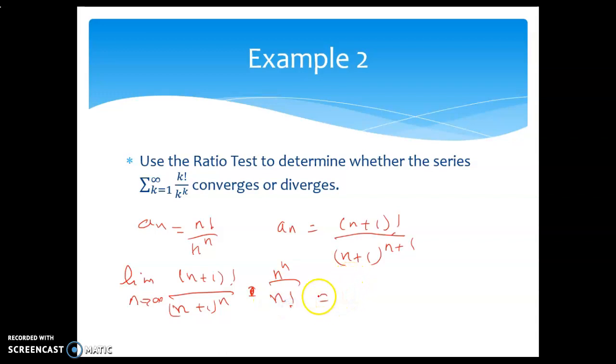So when we do the math here, we should get the limit as n goes to infinity of n plus 1 times n factorial times n raised to the power of n over n plus 1 times n plus 1 raised to the power of n times n factorial.